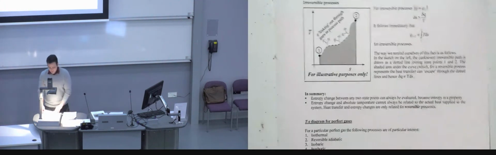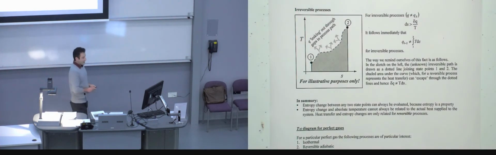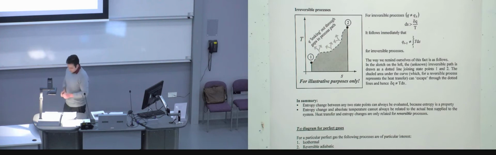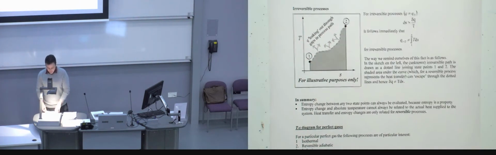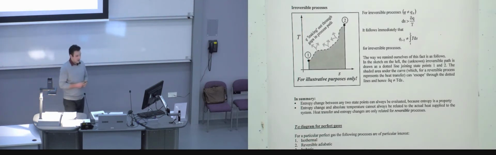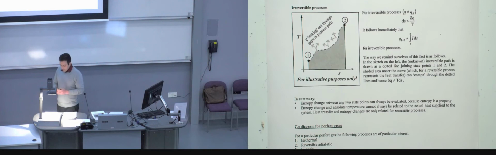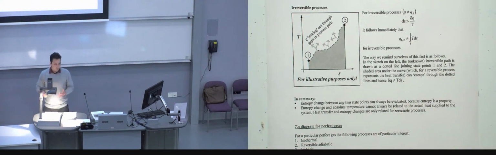The question now is, what if you have an irreversible process? How do you draw that on the TS diagram? This diagram is just for illustration, it doesn't have a scientific nature as such, but just represents what it means. If you have an irreversible process, your Q isn't going to be equal to Q reversible.